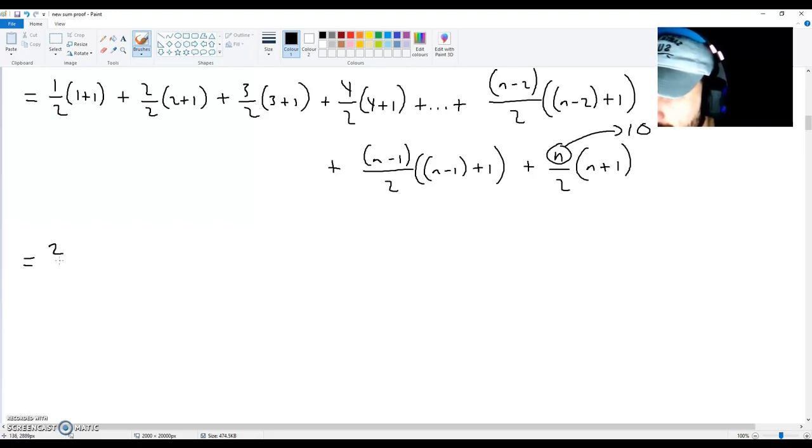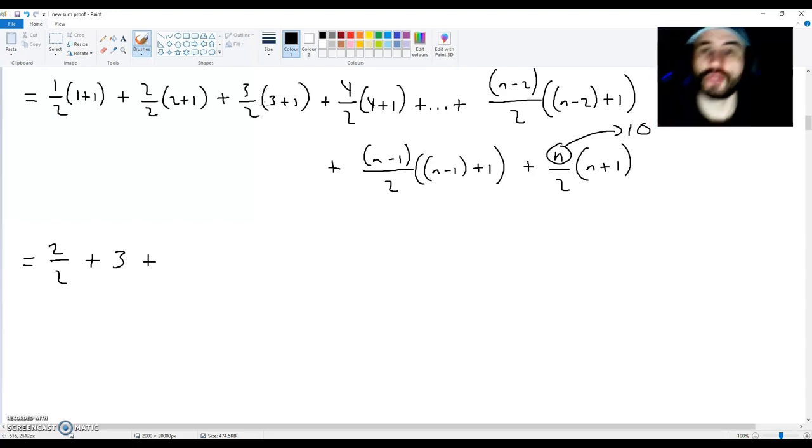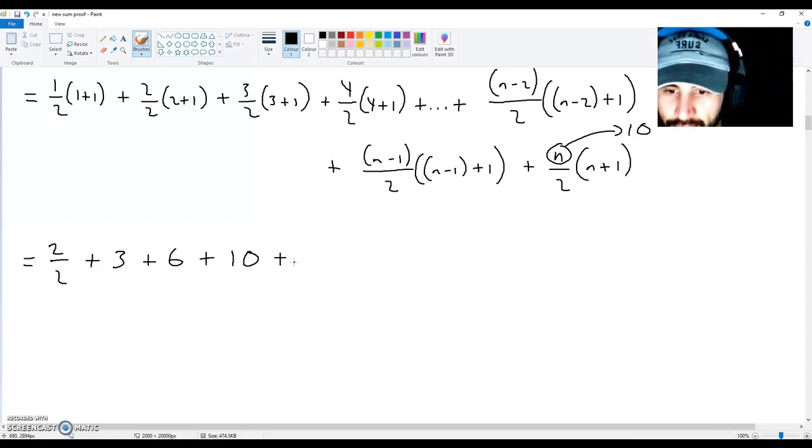That is actually 2 over 2, which is 1, times 2 plus 1, which is actually 3. We have 3 over 2 times 4, so that's 12 divided by 2, which is 6. And we have 4 over 2, which is 2, times 5, which is 10. And then we have a plus, plus.